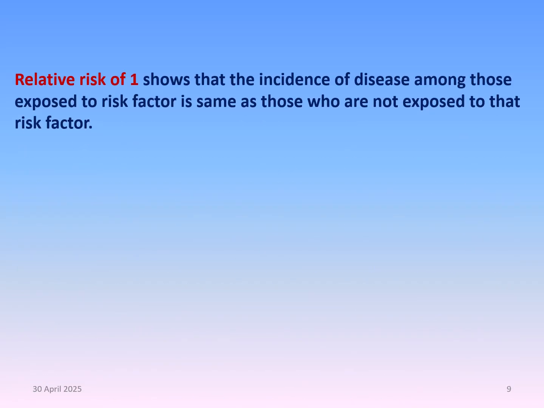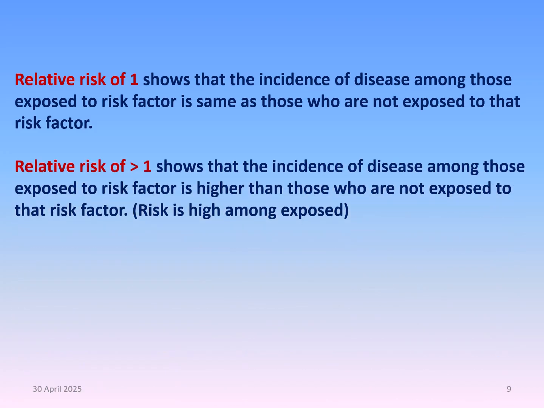Relative risk of 1 shows that incidence of disease among those exposed to risk factor is the same as those who are not exposed to that risk factor. So relative risk of 1 means the risk of development of disease among exposed group will be same as risk of development of disease among non-exposed group.